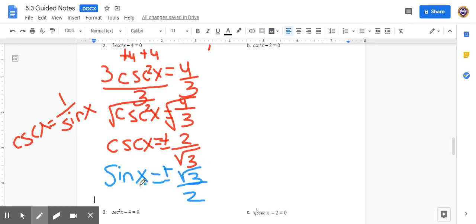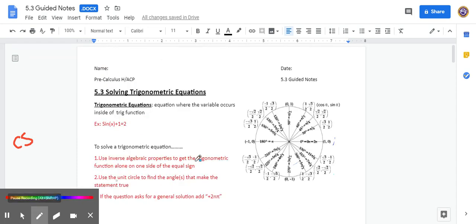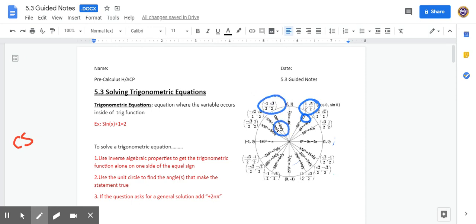So sine of x is equal to plus and minus square root of 3 over 2. So here we are looking for a y value that is positive or negative square root of 3 over 2. All right, positive or negative square root of 3 over 2, and we're looking for sine. So here's a positive. So we have pi over 3. Here's 2 pi over 3.